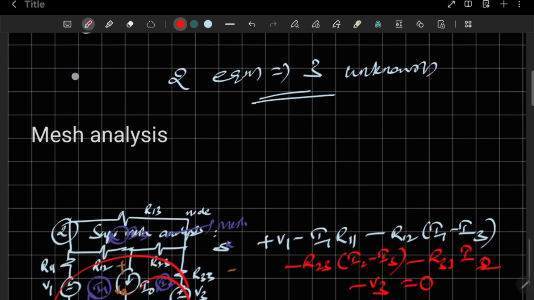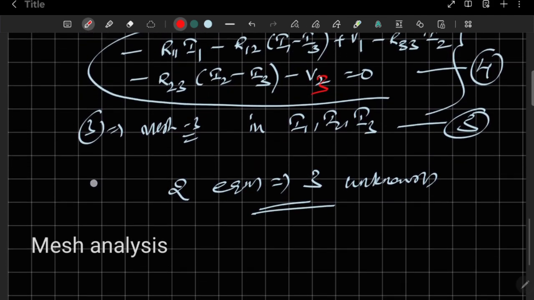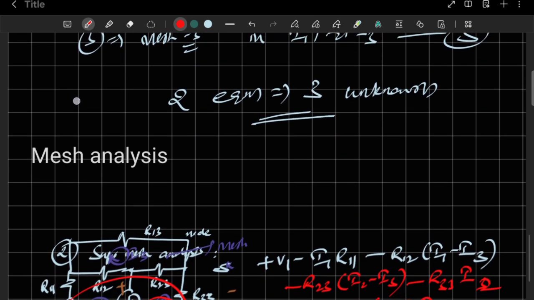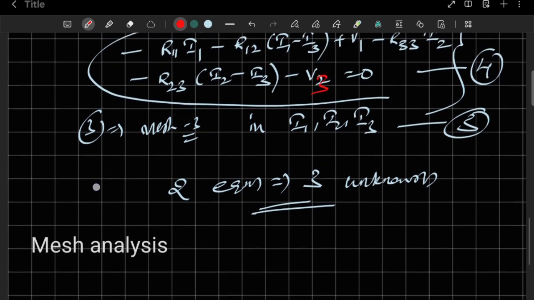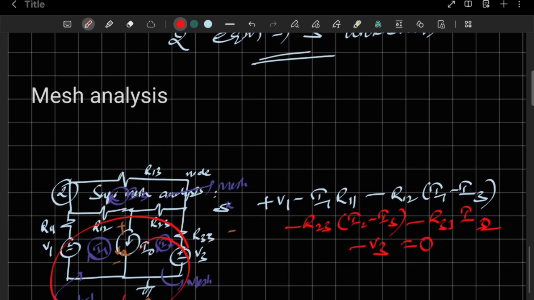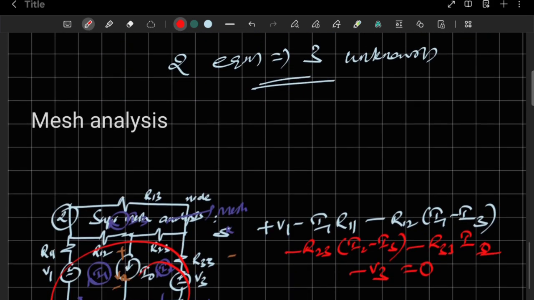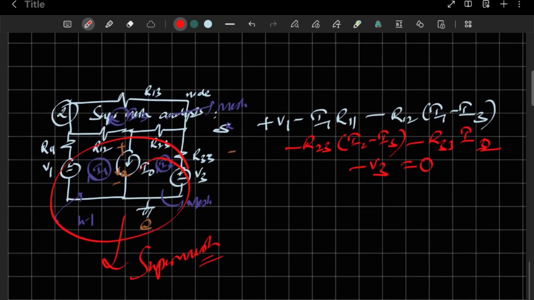Then minus R12 into I1 minus I3, minus R33 into I2, minus R23 into I2 minus I3. Like this we got all the equations. Six terms we got. Okay, so in this way we are able to apply mesh analysis.